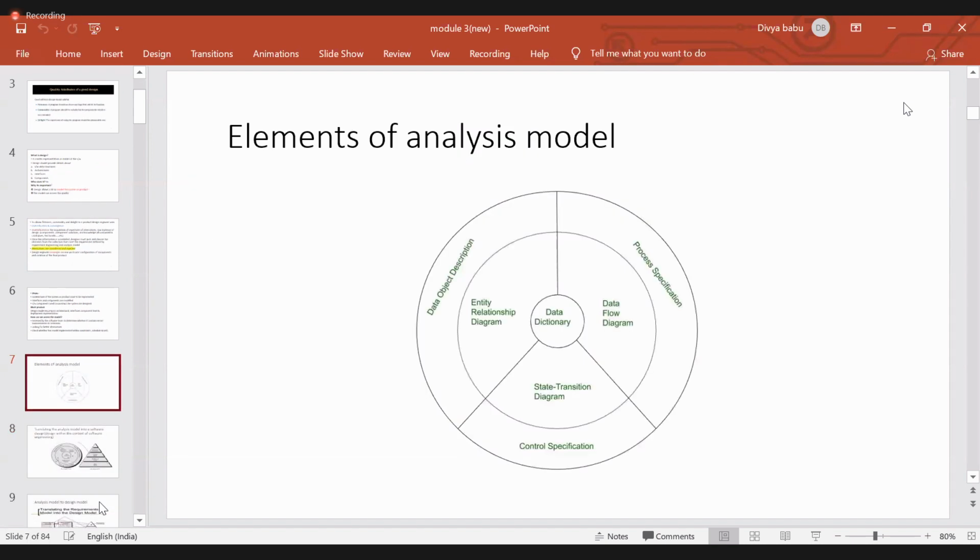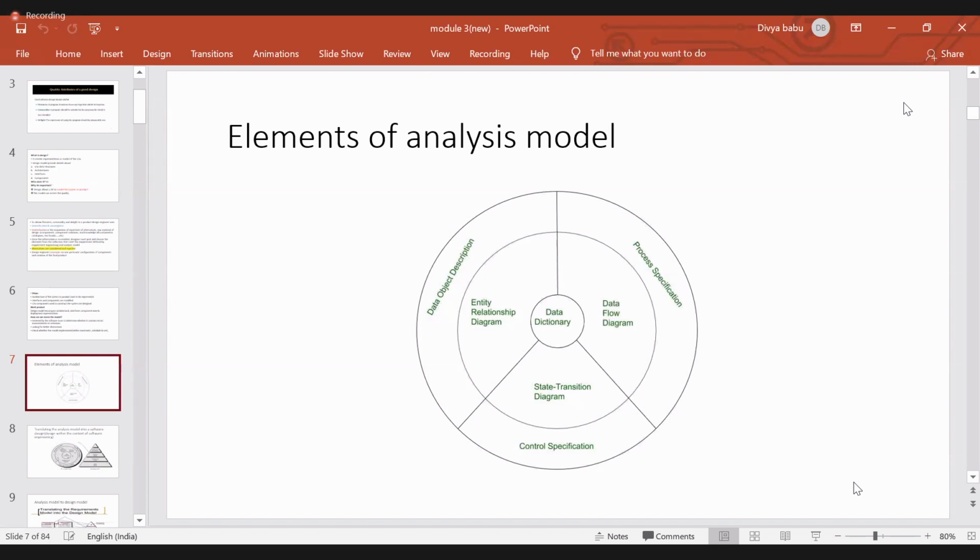So what are the elements of the analysis model that we discussed? Behavior elements, scenario-based elements, class-based elements, flow-based elements. Do you remember that? Different types of elements were there. So we need to convert this analysis model to the design elements.